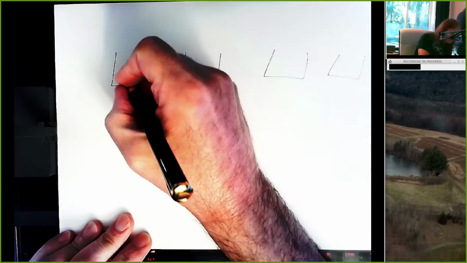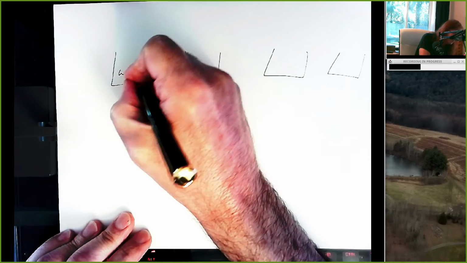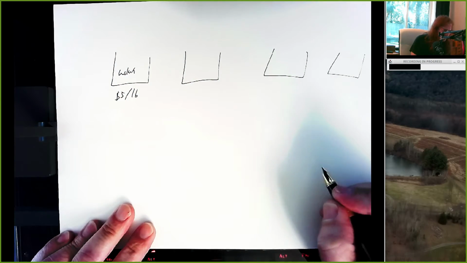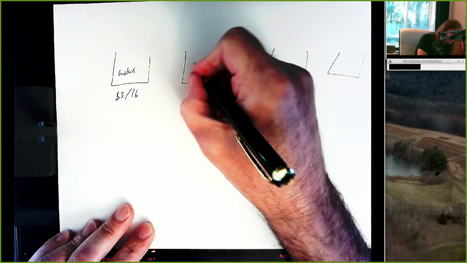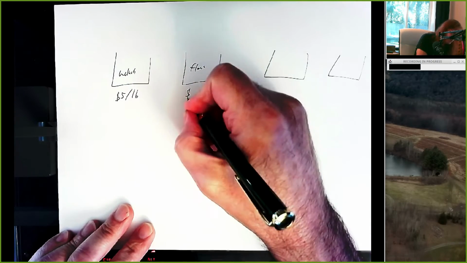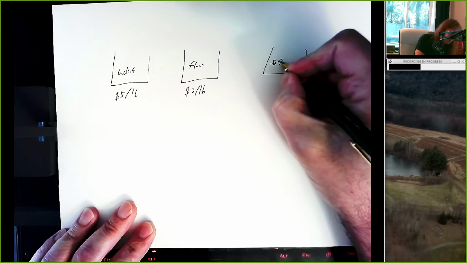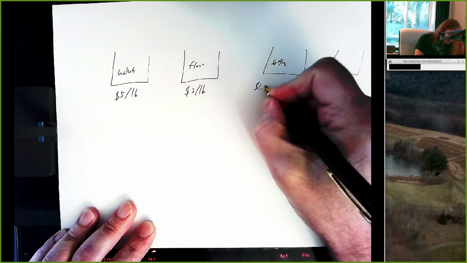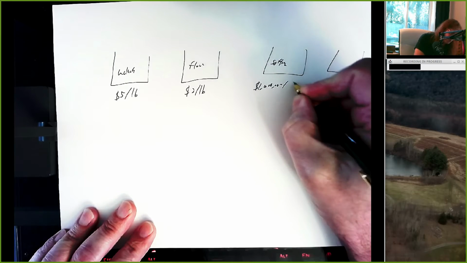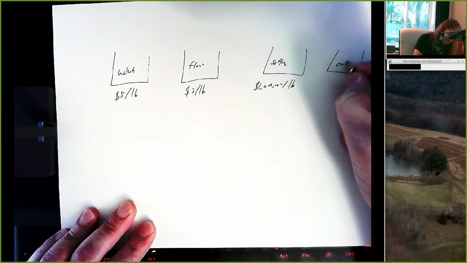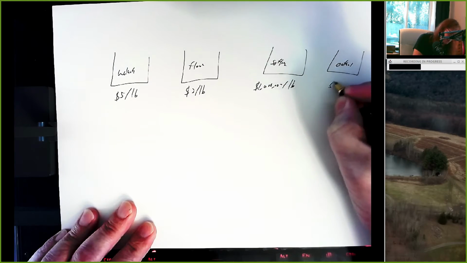So maybe these are walnuts, and this is maybe $5 per pound. And here's flour, and this is $2 per pound. And here's saffron, and this is $1 million per pound. And here's oatmeal, and this is $1 per pound.